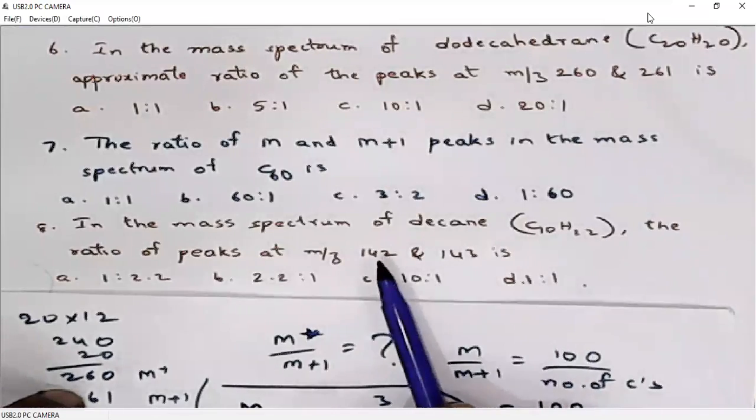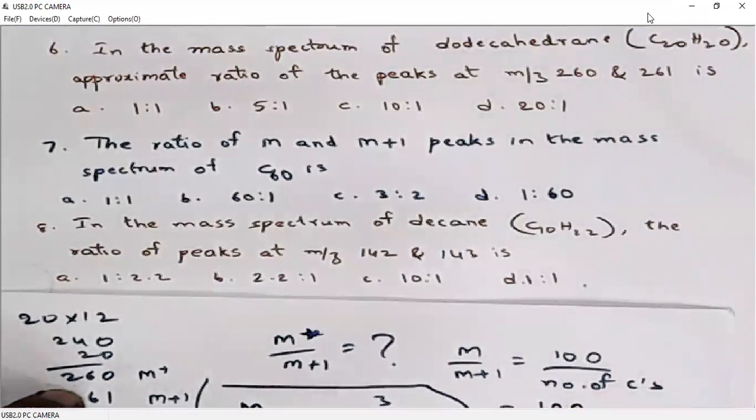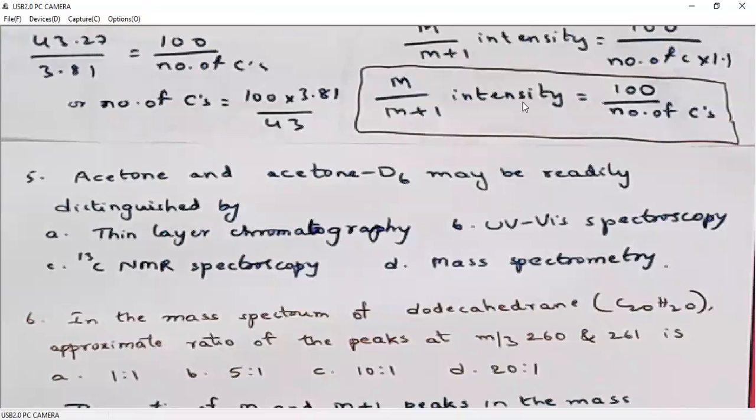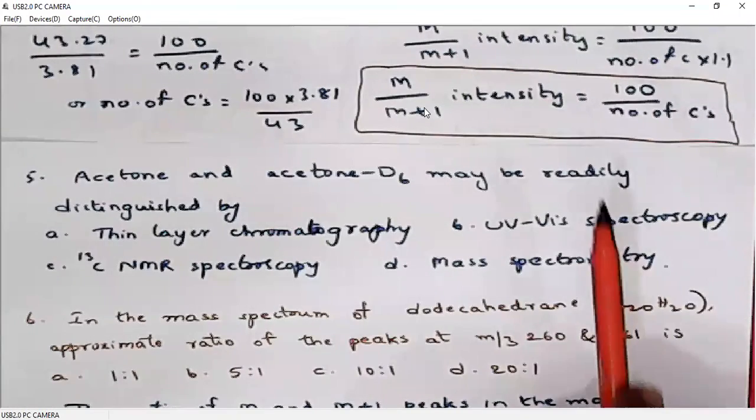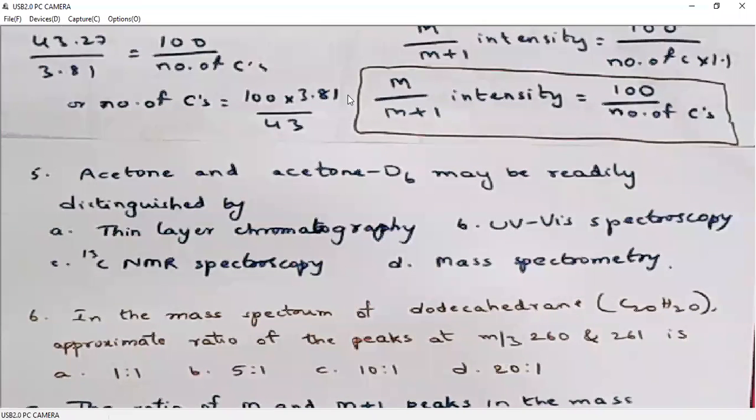If you get 142, it is the M peak, and 143 will be the M plus 1 peak. Then go for this ratio. Always remember this formula: the ratio of M by M plus 1 peak intensities is equal to 100 by number of carbons.